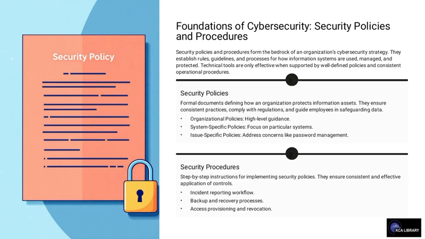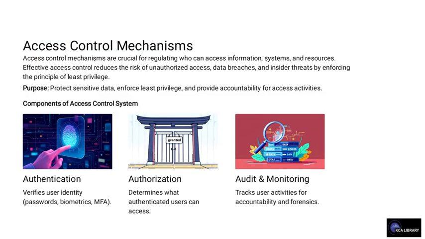Security procedures are step-by-step instructions for implementing security policies, and they ensure consistent and effective application of controls. They include incident reporting workflow, backup and recovery processes, and access provisioning and revocation.